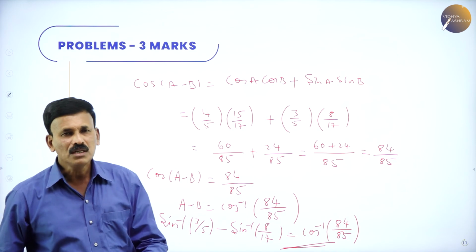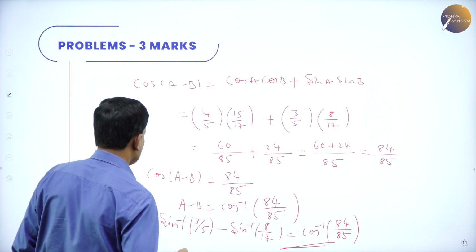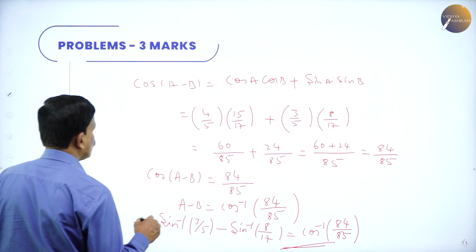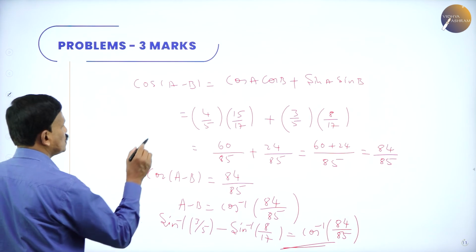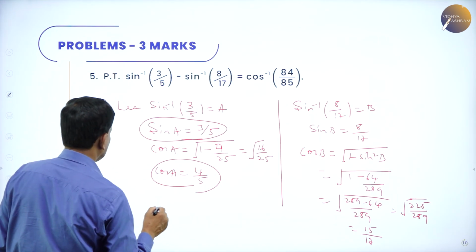Okay. Now suppose in general, if you have a problem like this, I will give the shortcut method to solve it. What is the problem given here? Sin inverse x minus sin inverse of y.